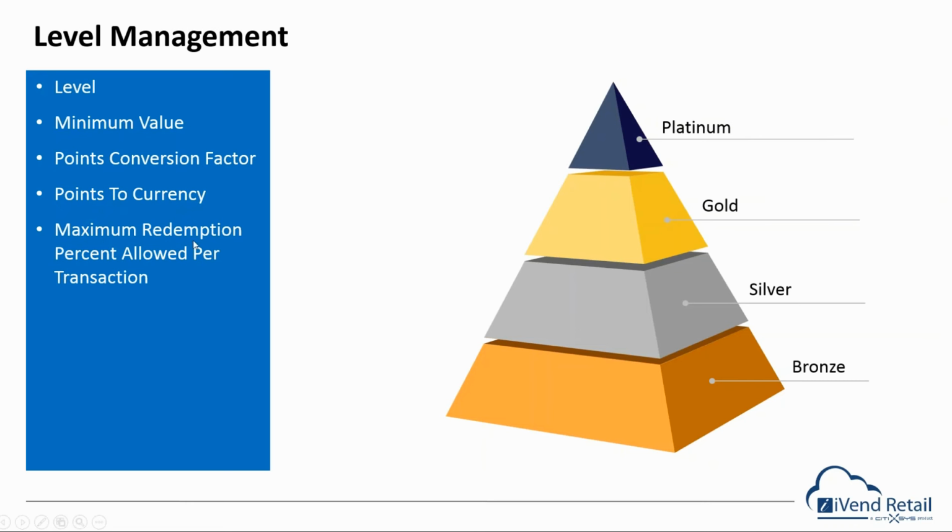Also set your maximum redemption percentage allowed per transaction. As we saw earlier with the fallback method, this can rather drastically affect the way that your points are spent within the system. Let's have a look at this in the management console.